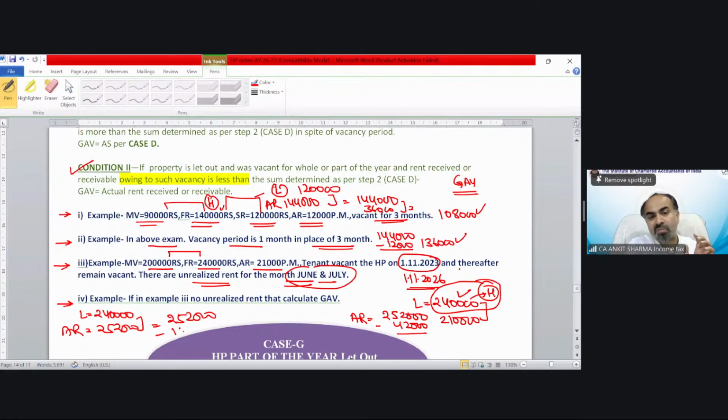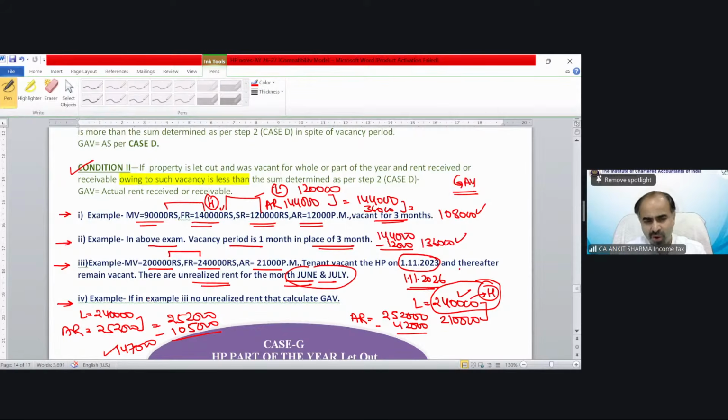That means 5 months vacancy, that would be 1,05,000. So the remaining would be your GAV, that is 1,47,000. So these are 4 examples of case number F in which we understood how to calculate the GAV.